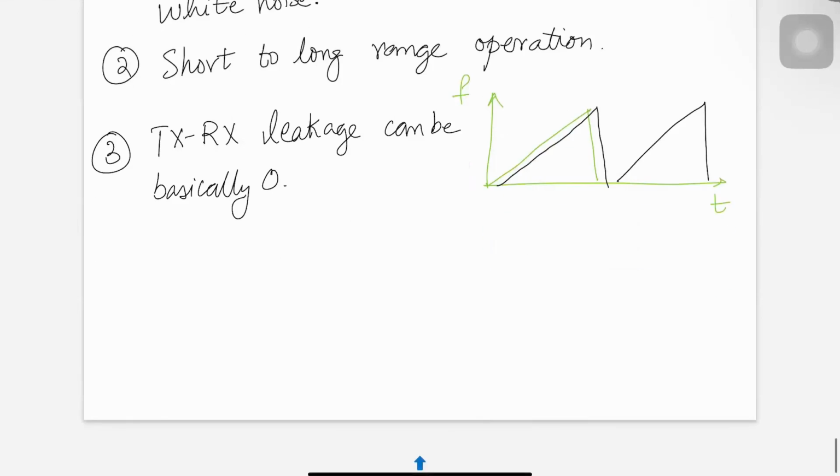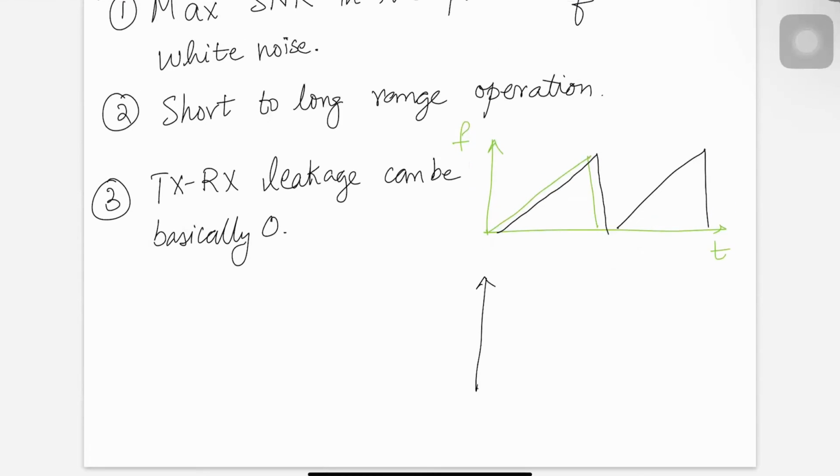Because you can send a very fast chirp or a very fast pulse, then turn off the transmitter and just listen to the receiver echoes. When you turn off the transmitter and only listen to the receiver, there's no leakage between the transmitter and receiver. So you can have very high sensitivity measurements. That is another advantage.